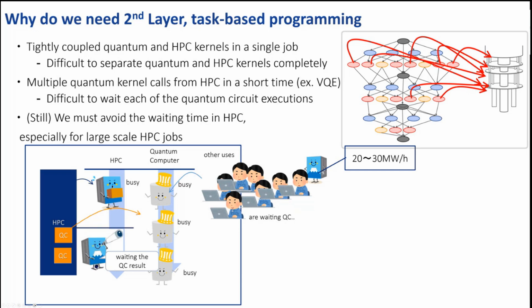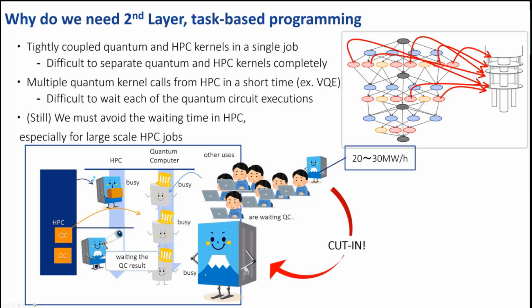Even in this case, if we allow several users to submit jobs to quantum computers, this part may have to wait for the result of the quantum computers. Because a supercomputer consumes a very large amount of energy, 20 to 30 megawatts per hour, it is not a good idea to make it idle. So the request from a supercomputer is something special. We allow it to plug in ahead of the other general quantum users, and it is always prioritized in the first position.